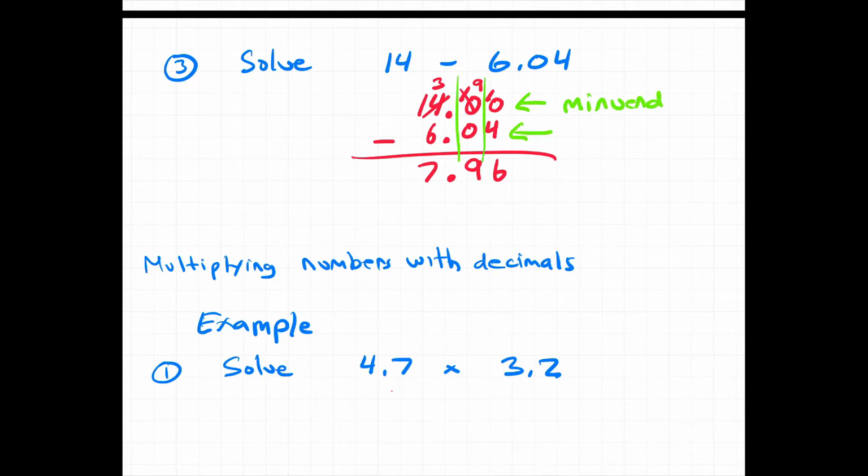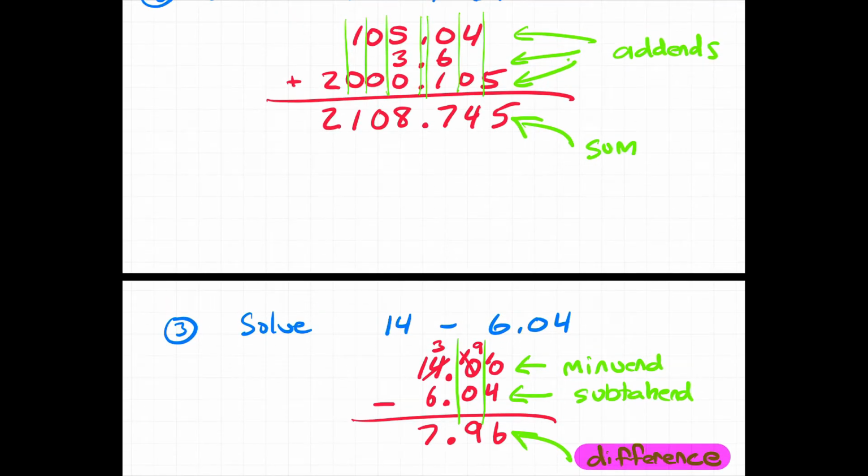The one that's being subtracted from that, which is the subtrahend. And the answer to a subtraction question is called the difference. Now, normally what we really want to focus on is that the word difference is the answer to a subtraction question, and the word sum is the answer to an addition question.